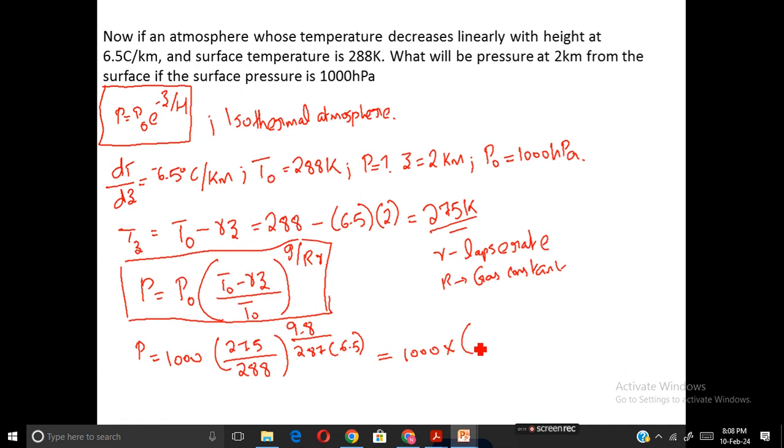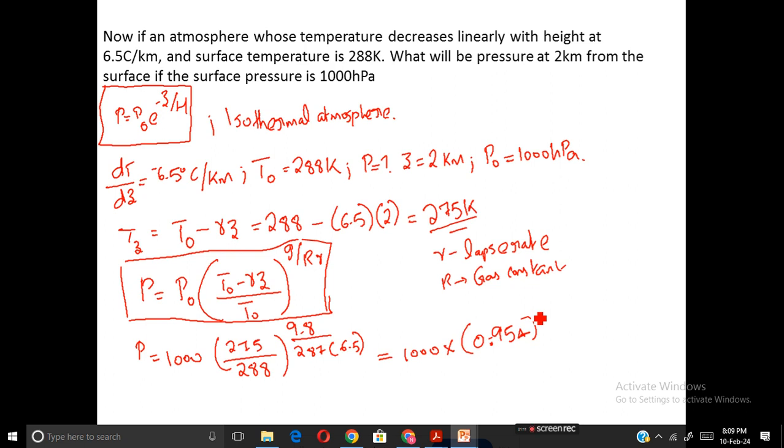Yeah, it will be basically 0.954 raised to, if we work it out, 9.8 divided by 287 into 6.5.